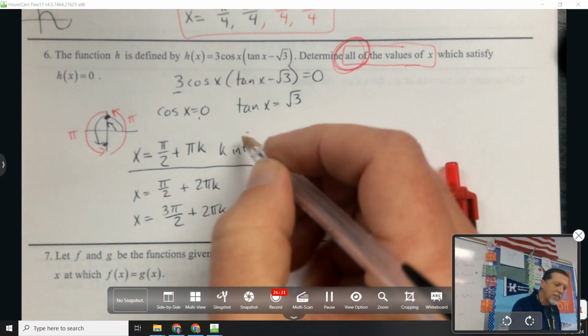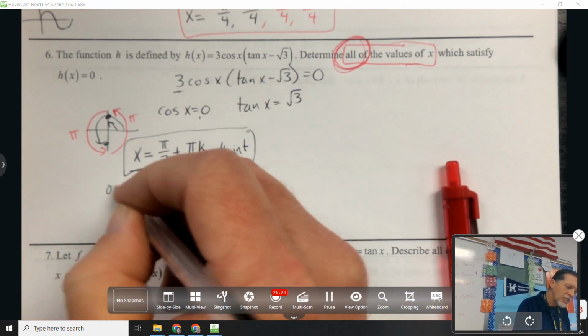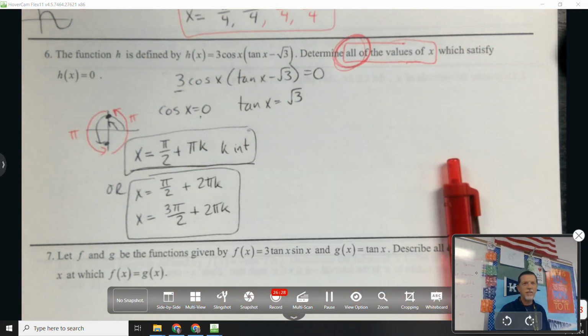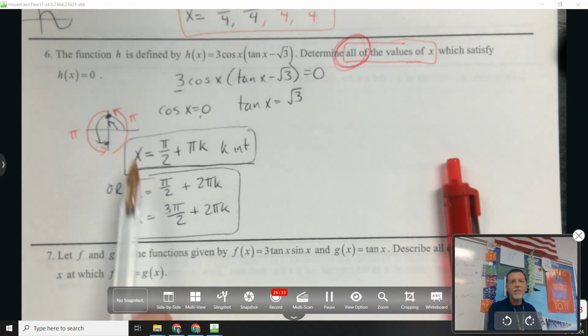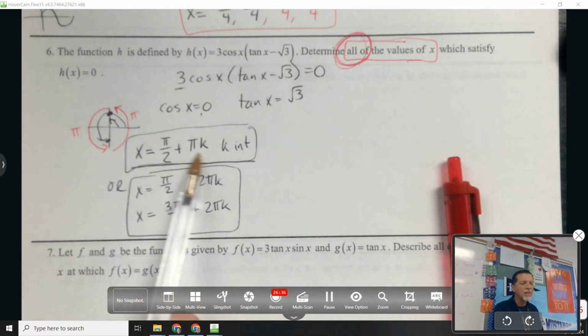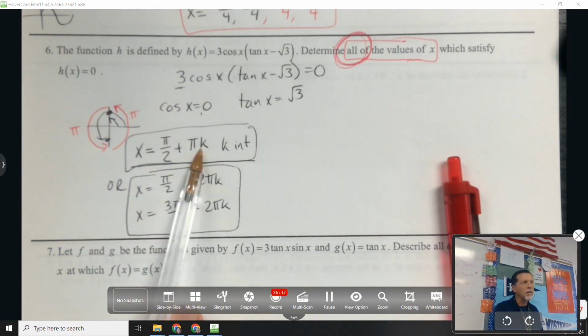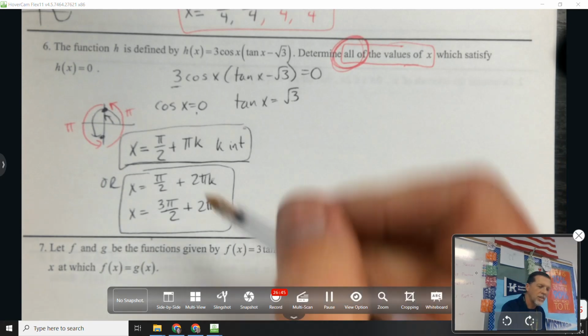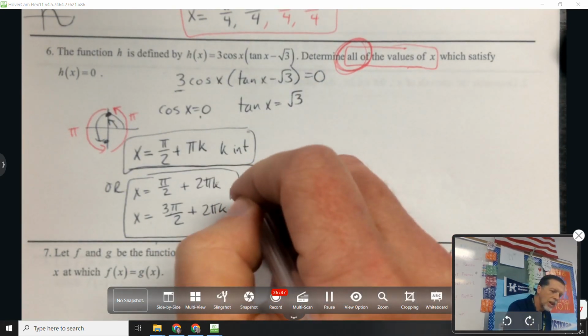This is the same set of answers. Does that make sense? I'm putting this one up there because sometimes you have to go this route. Here they happen to be pi apart, so you could catch them all with one statement. Other times it's going to take two statements. Either way, it's the same set of answers. K is an integer.